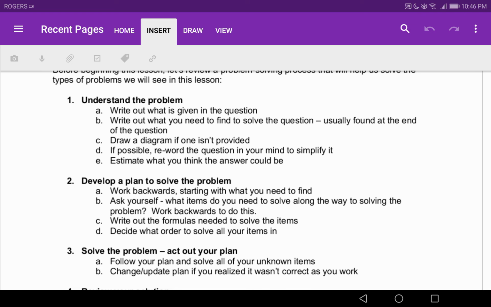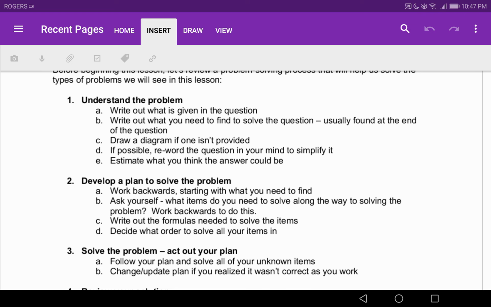The first one: write out what is given in the question. It's always a great idea to start things off by writing down what's given. Secondly, write what you need to find to solve in the question. That's usually going to be given away in the last sentence of your problem.